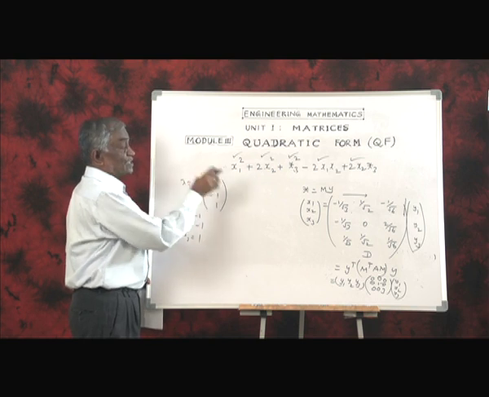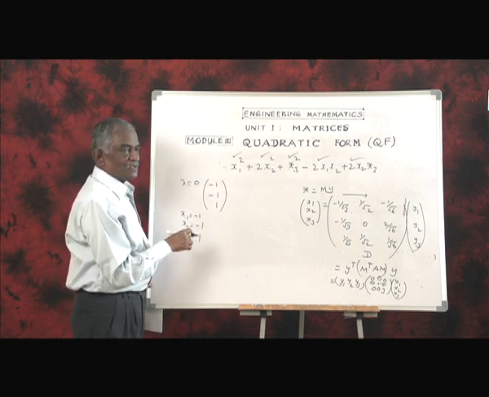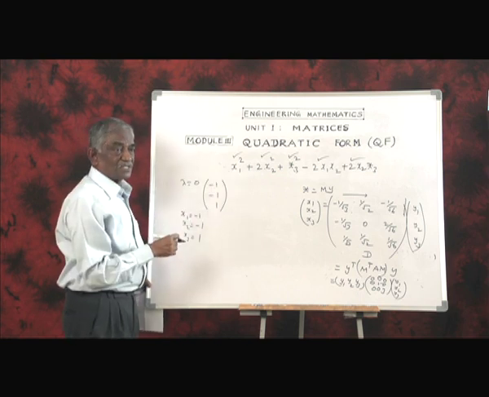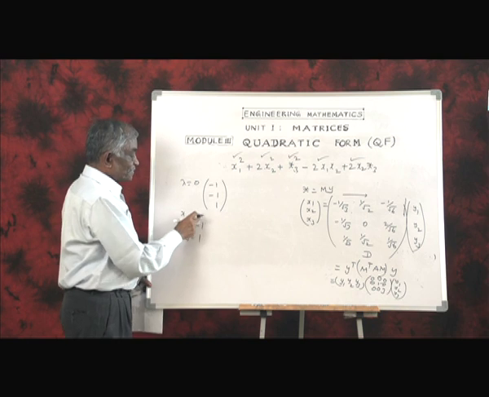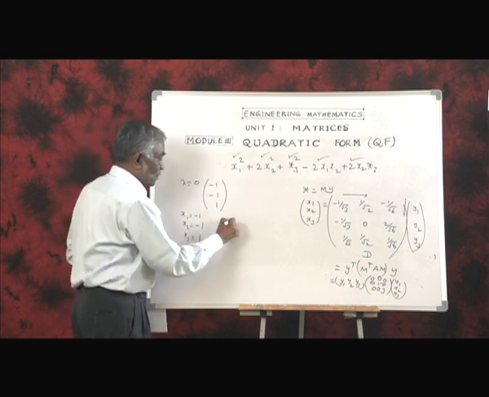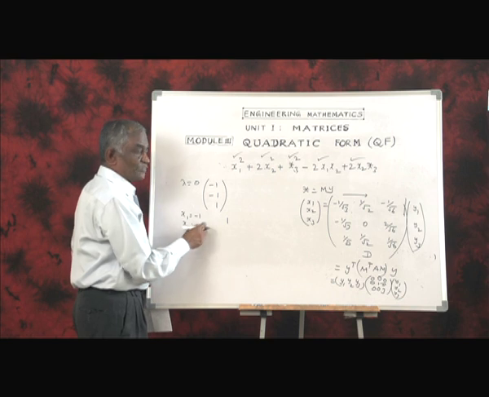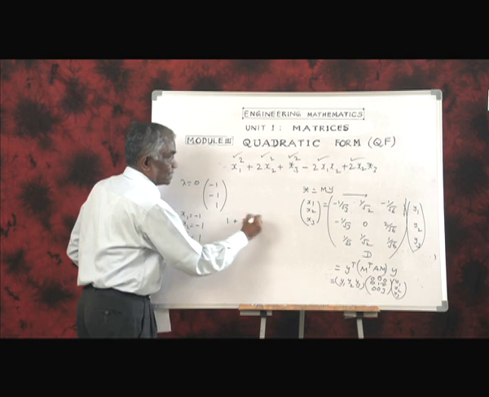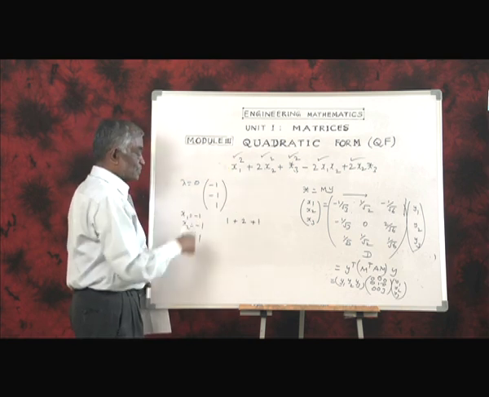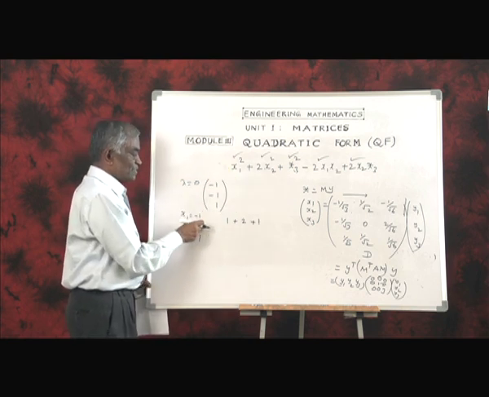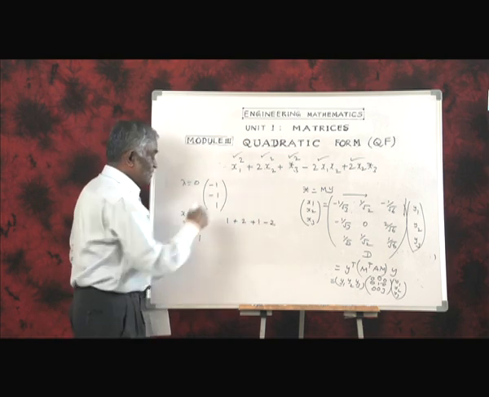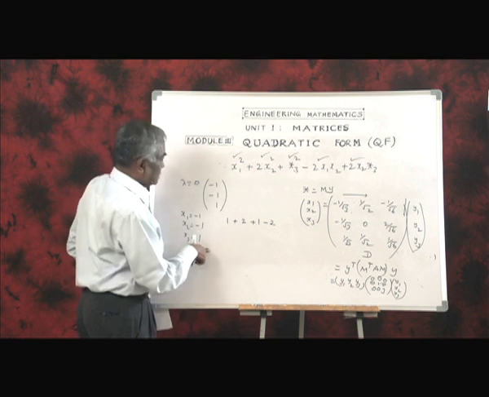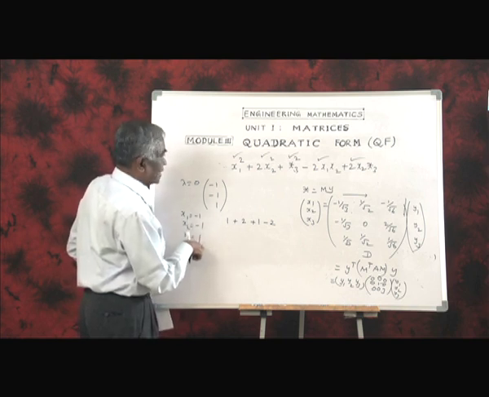Only when lambda is equal to 0 will they ask such a question: find a set of values of x1, x2, x3, at least one of them not 0, so that the quadratic form reduces to 0. You can just check. When you substitute these values, what you will get? x1 square is 1, plus 2 into x2 square, so plus 2, plus x3 square, another 1, minus 2 x1 x2, that is minus 2 into this, so that is equal to minus 2, plus 2 x2 x3, so plus 2 into x2 x3.